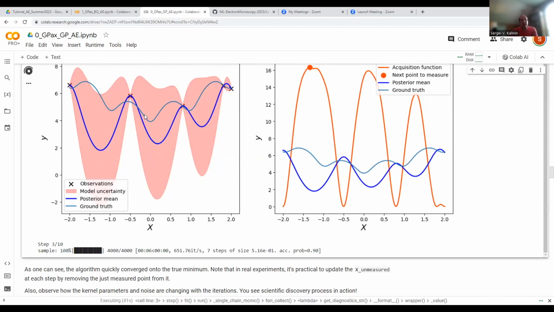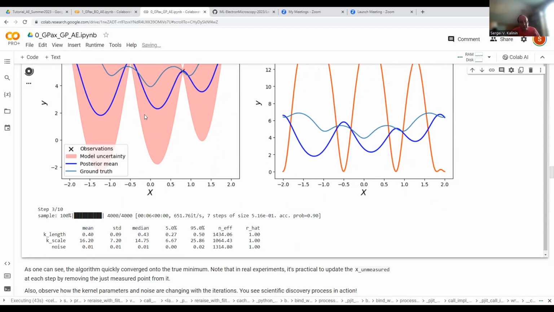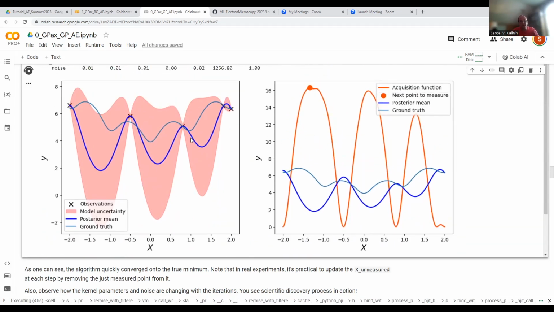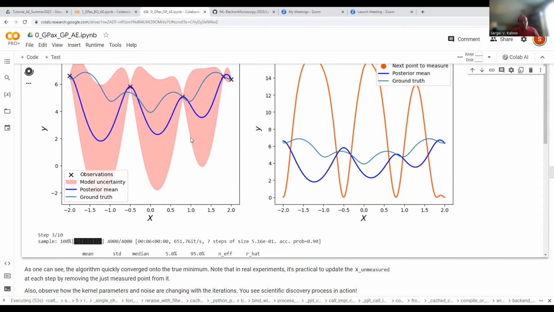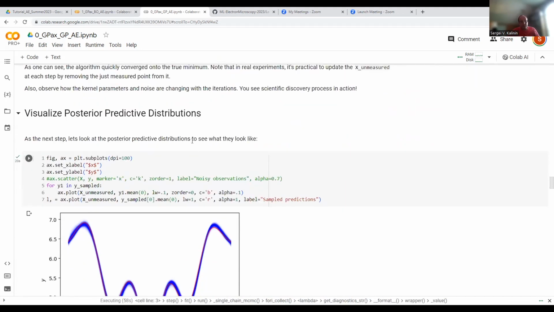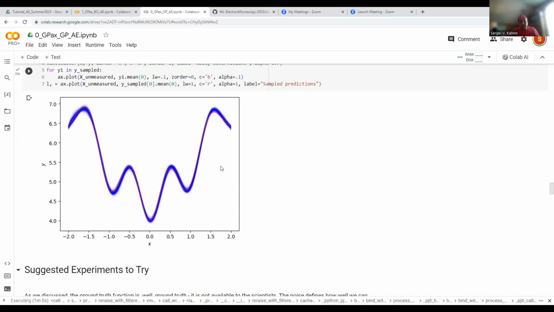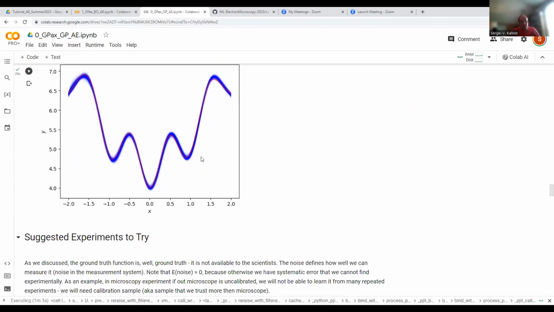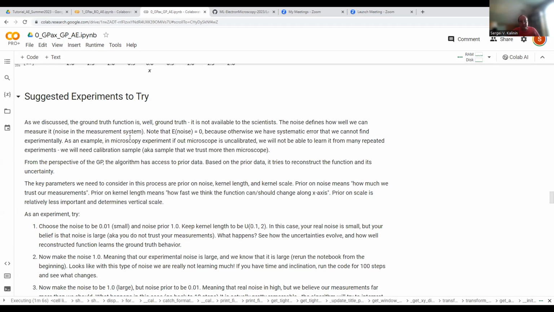What we are going to observe is that ultimately the algorithm will come to the conclusion that every noise peak is going to be the real data set, and will try to follow the shape of each noise peak throughout the process. So while it is running, let's look at two more things in this notebook. I made a list of some experiments that you can try by yourself to understand the basics of the automated experiment.